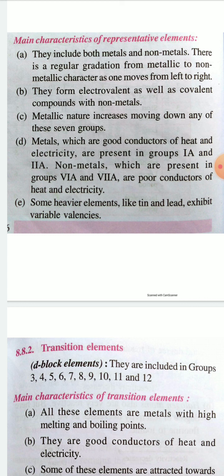And they can also form covalent compounds. Generally non-metals among themselves form covalent compounds, but metals form electrovalent compounds with non-metals of group 15, 16, 17. You have to remember that's why they form electrovalent as well as covalent compounds with non-metals.